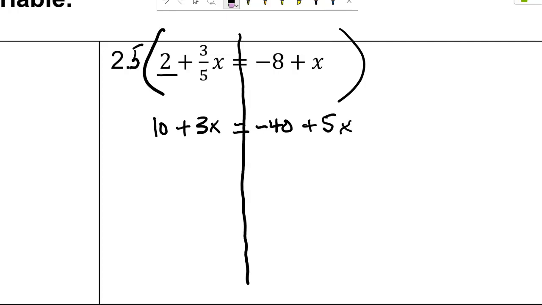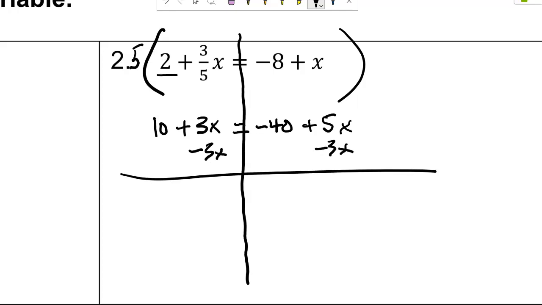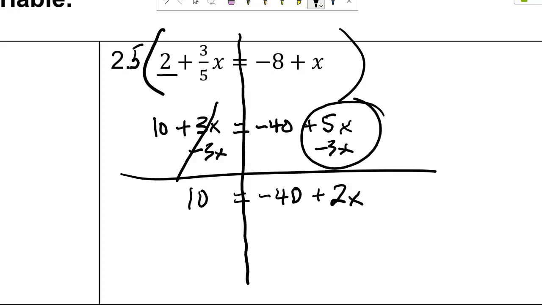Okay, now let's see what we can do. Get the x's together. I think it's easier if we take those 3x's over here. So that would be negative 3x, negative 3x. And that leaves us with them cancelling. Still got a 10. And that leaves us with 2x over here, doesn't it? When we simplify this.